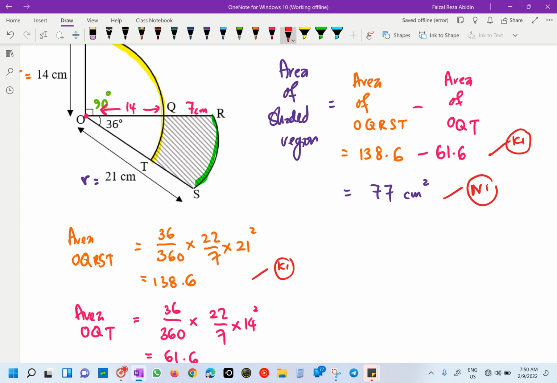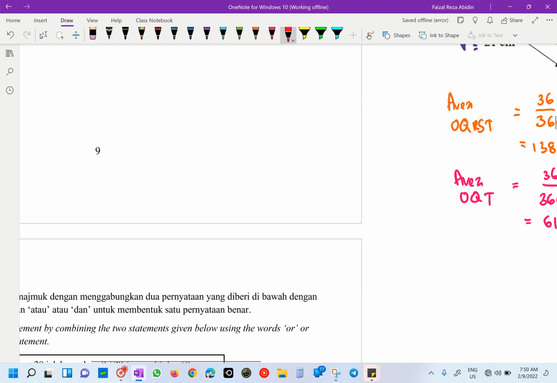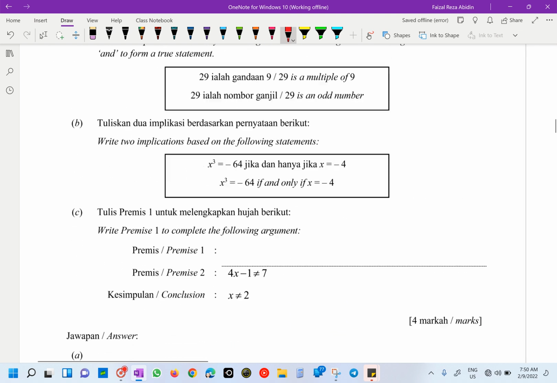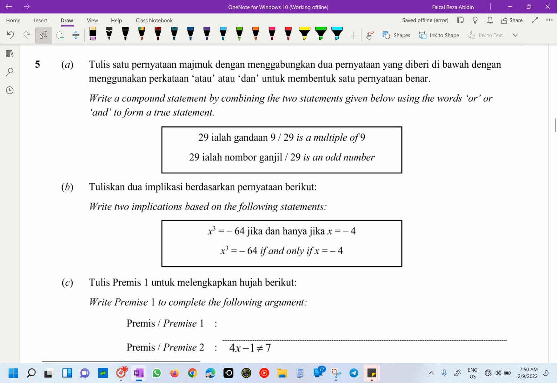Number 5 ni rasa macam markah free je. Cikgu, markah free. Yeah, because this one is 4 marks given. First thing first. Okay, A. Write a compound statement by combining the two statements given below in the box, using the words or, and.